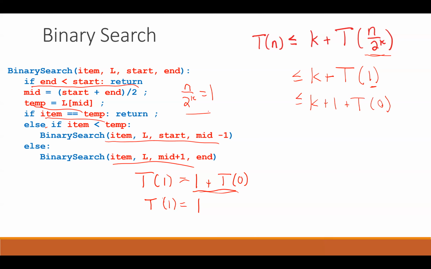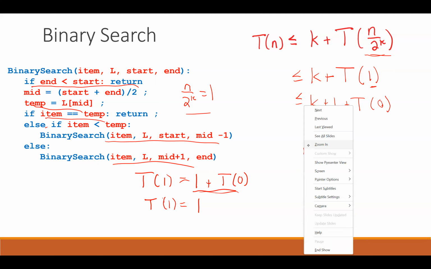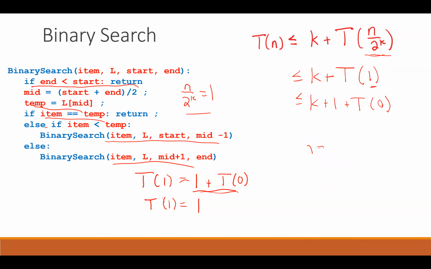I have n over 2 to the power k is equal to 1. I can perform the exact same steps. This means that n is equal to 2 to the power k. I take the log base 2 of both sides, and I get log of n is equal to k. So k evaluated to the same thing.